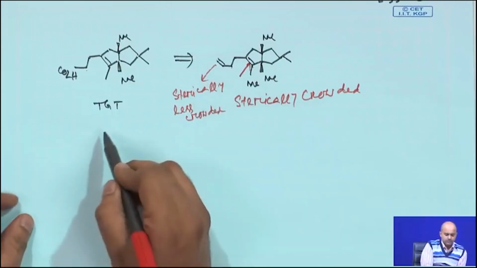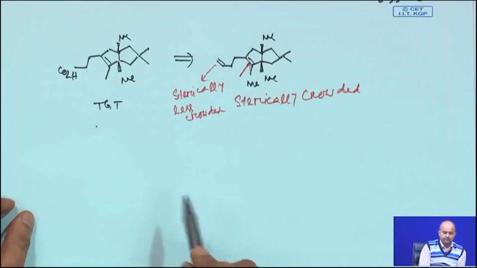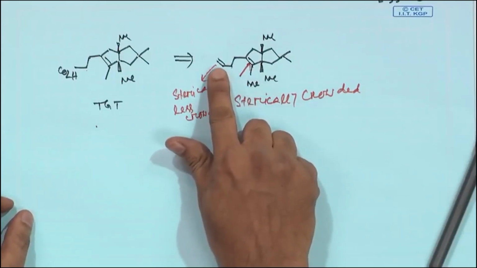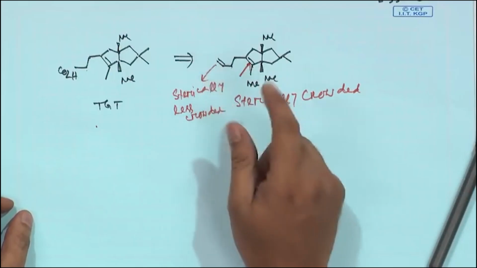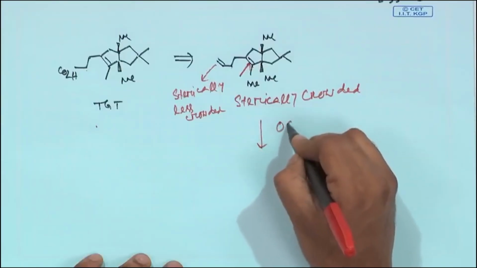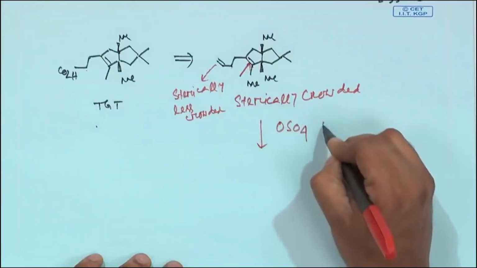So, based on this information, if we have to touch one particular double bond, it is always better to do some reaction which can be controlled sterically, say osmium tetroxide mediated dihydroxylation.